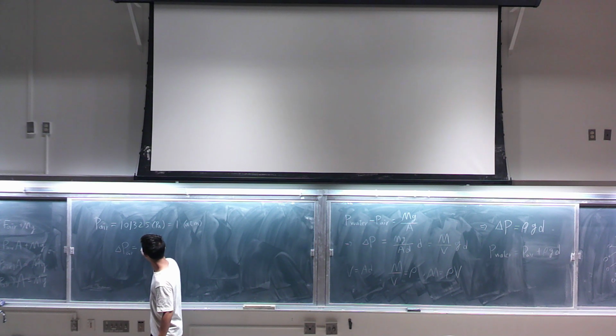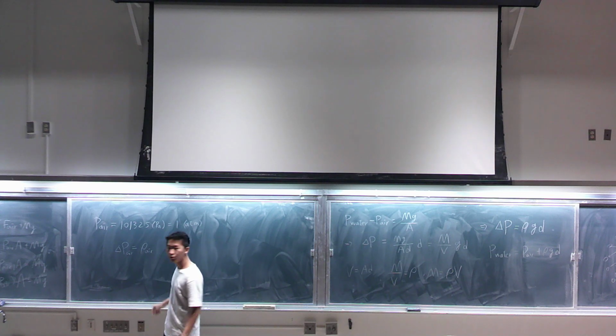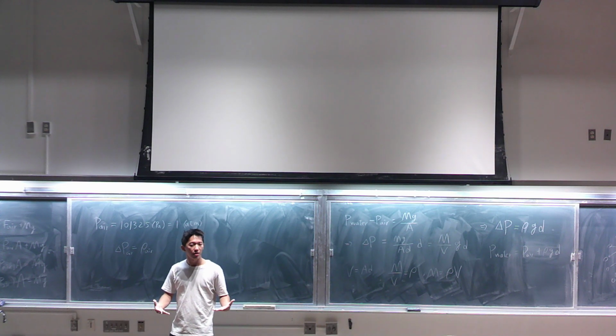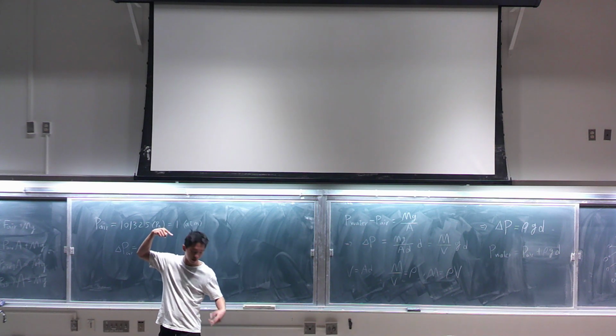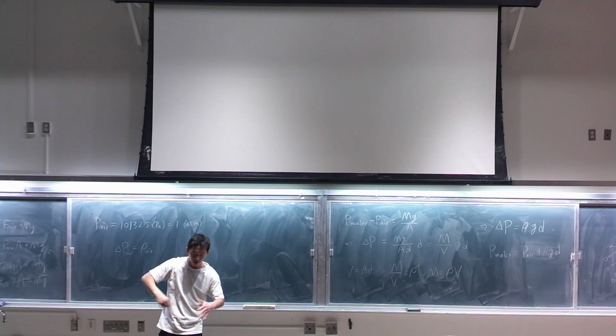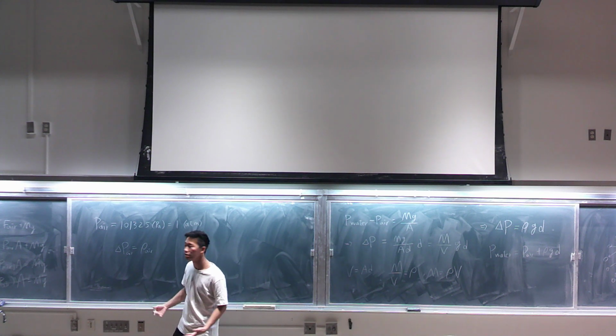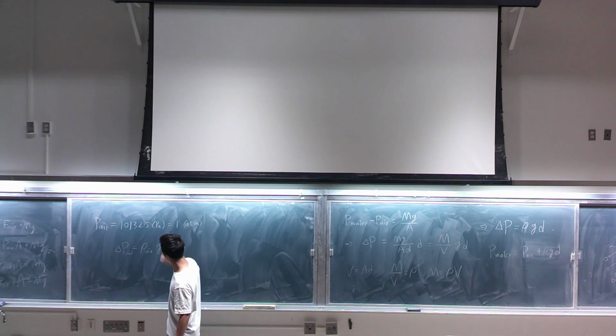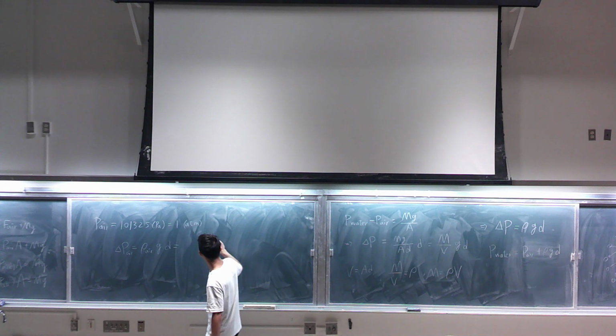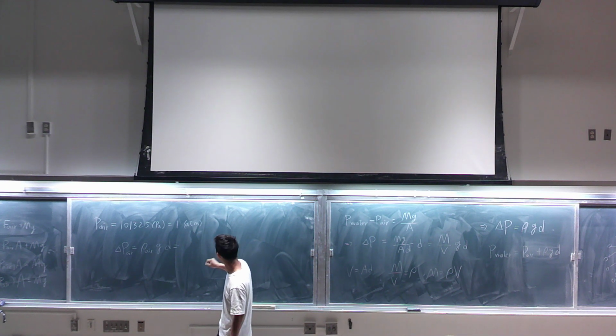For air, you need to use the density of air. I want the pressure difference between up here and down there. And here is air, so you need to use the density of air, times g, and let's say my height is about 2 meters. That's a lie, but say 2 meters. g is 9.8.